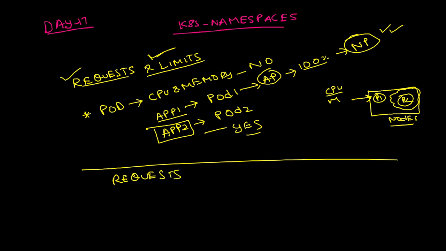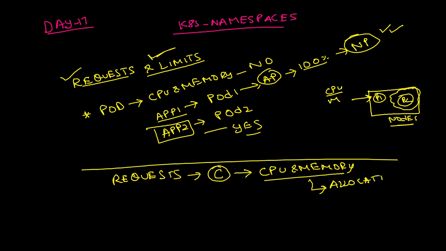So what is the exact meaning of requests? Whenever we are creating our container, and we want to add some CPU and memory that would be allocated at the time of creation, then we need to use the request concept.